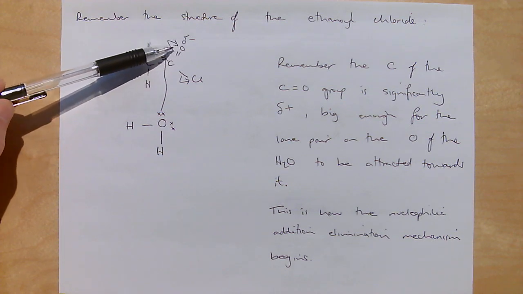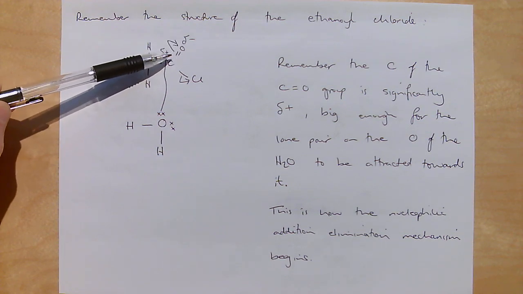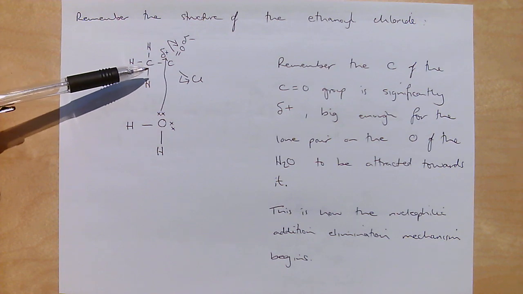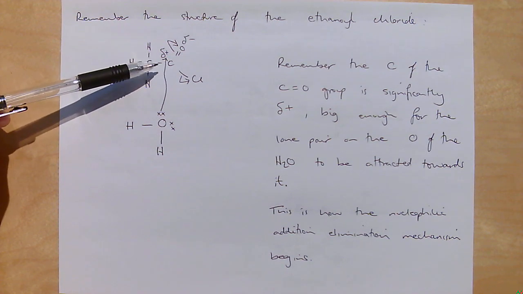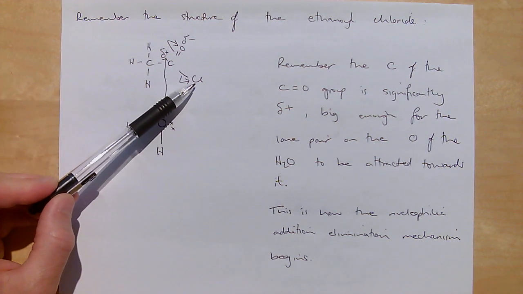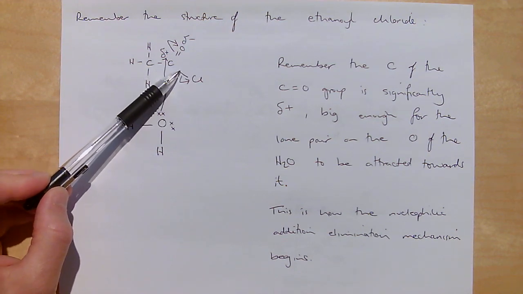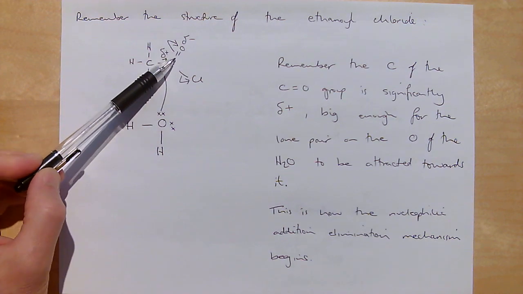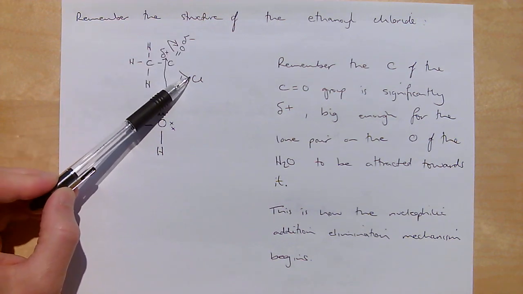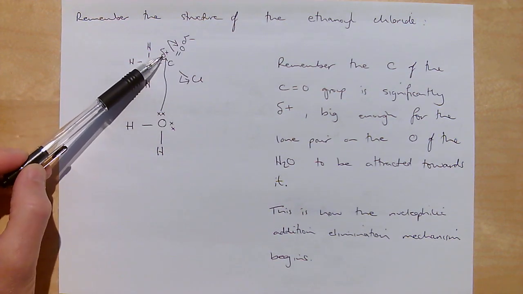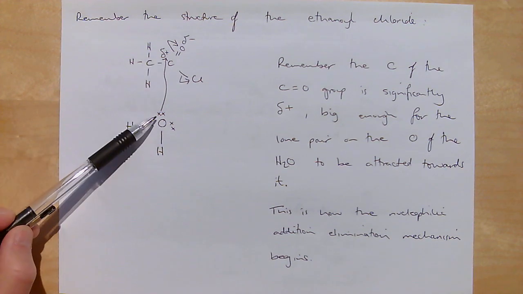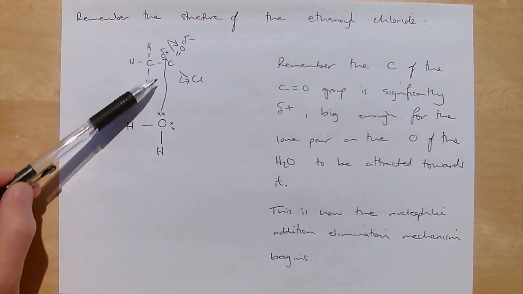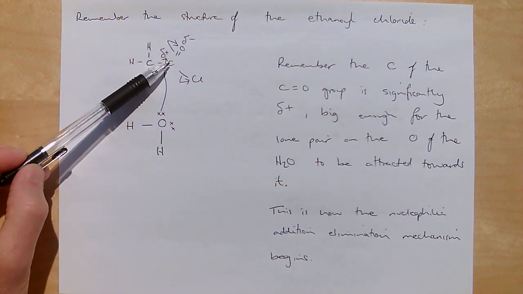But that carbonyl group is present in a lot of molecules and these reactions don't happen. But in the presence of the acyl chloride, we've got the Cl there which is more electronegative than the carbon and it withdraws the electron density towards it also, so we've got electrons dragged that way and electron density dragged this way, which makes that carbon even more delta positive. It makes it so delta positive that the lone pair on the oxygen can attack that delta positive carbon.